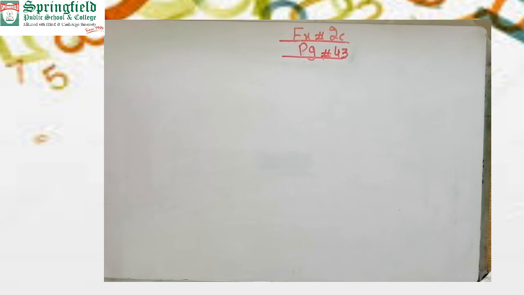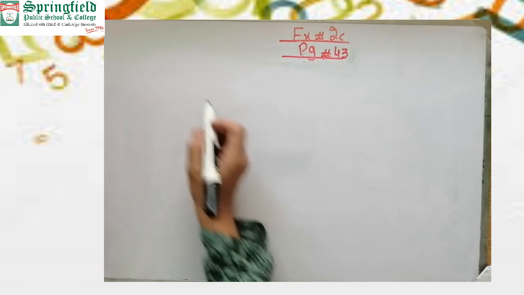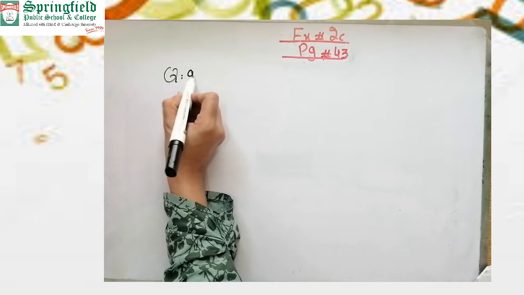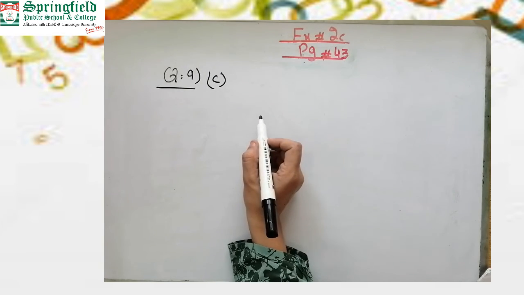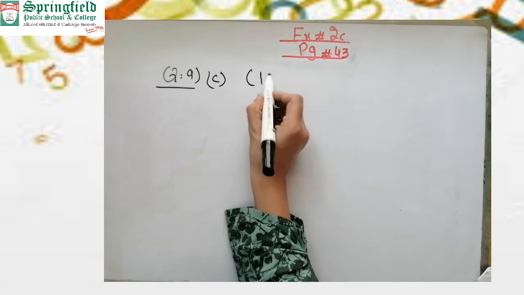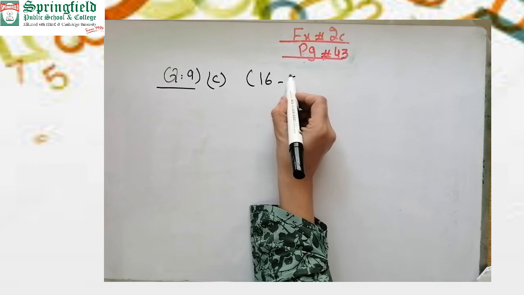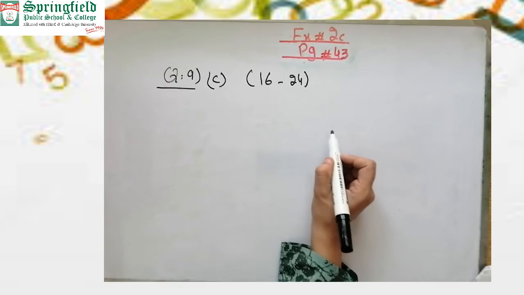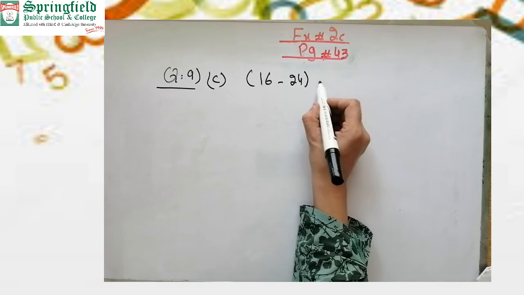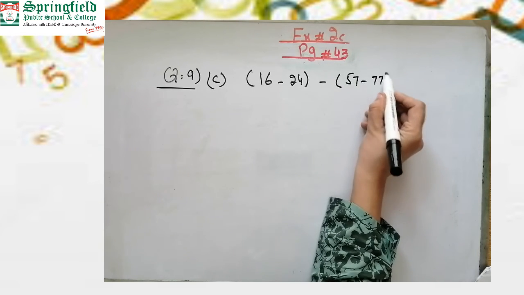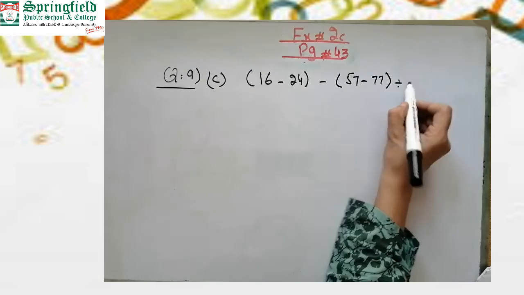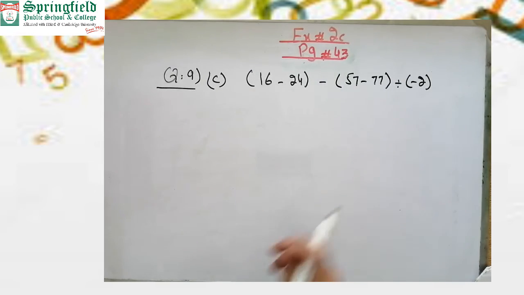The C part is: bracket 16 minus 24, then bracket close, minus bracket 57 minus 77 bracket close, then divide by minus 2.